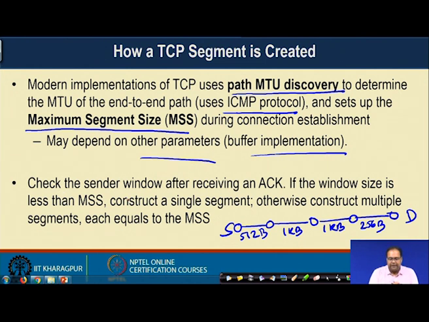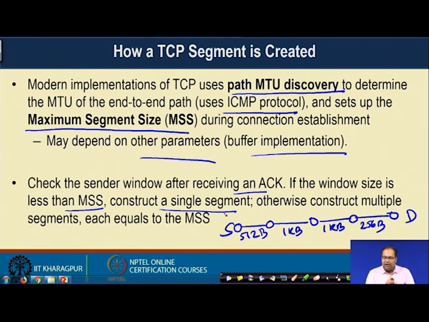Now, the sender checks the window after receiving an ACK, because whenever you receive an ACK, you have the currently receiver advertised window size, which tells you how much data the receiver can hold. If the window size is less than the MSS, that means whatever the receiver can hold is less than your maximum segment size, so you construct a single segment.